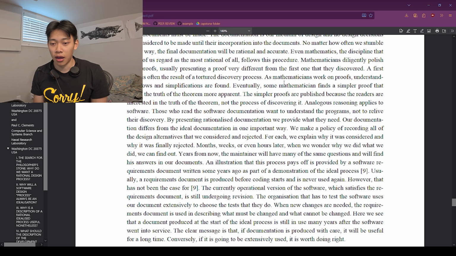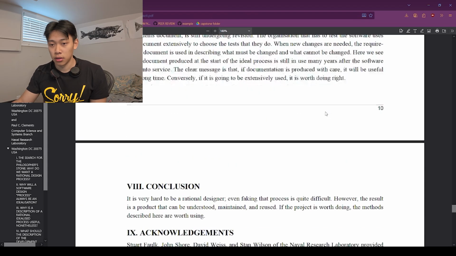Here we see that a document produced at the start of the ideal process is still in use many years after the software went into service. The clear message is that if documentation is produced with care, it will be useful for a long time. Conversely, if it is going to be extensively used, it is worth doing it right.